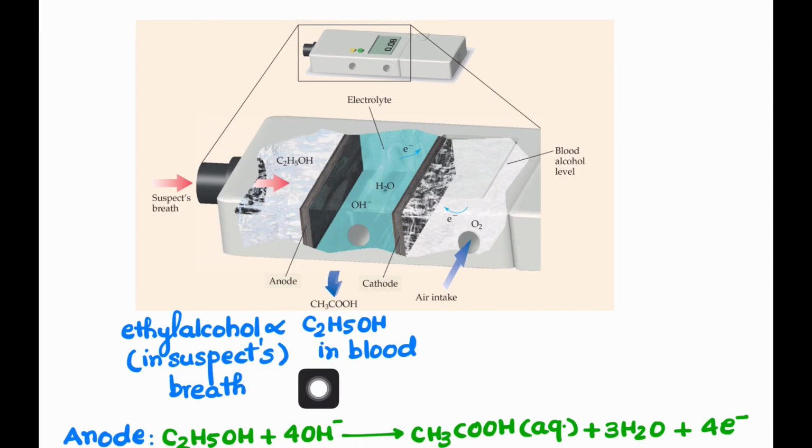When we calibrate this correctly, the fuel cell breathalyser can even precisely measure the blood alcohol level of a suspected drunk driver. So it is able to measure blood alcohol level precisely.